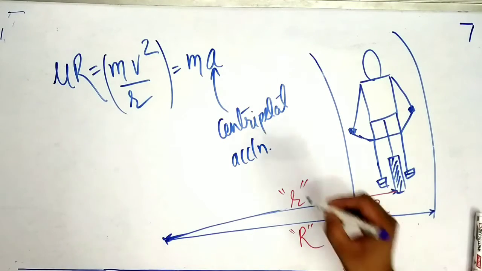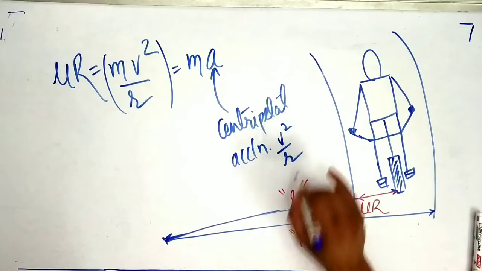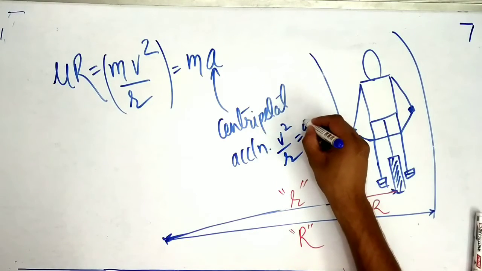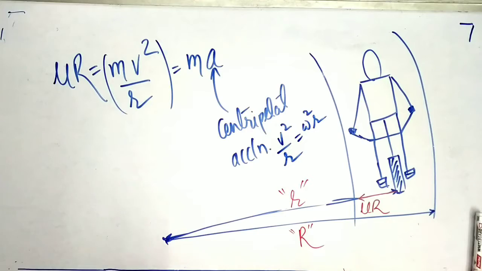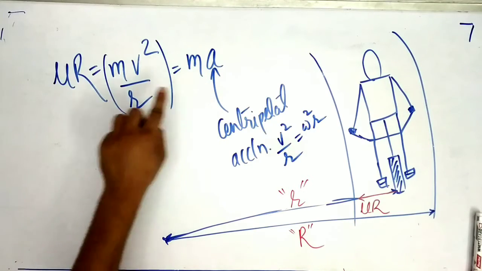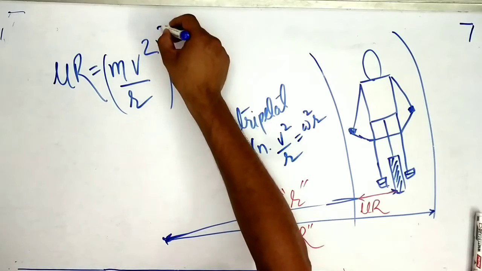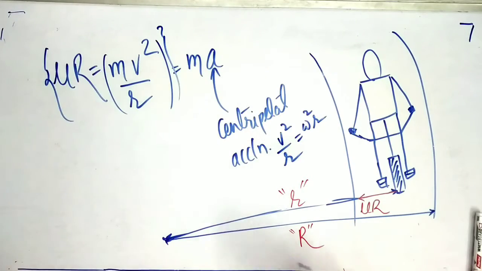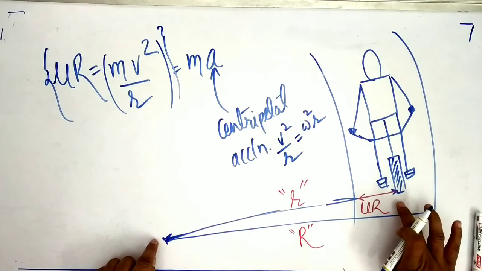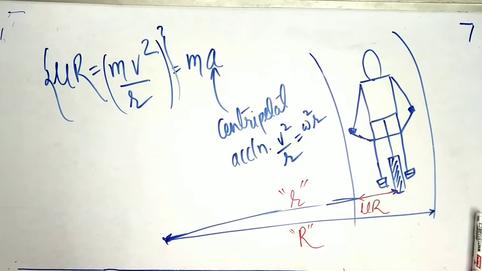The value of it is always equal to v square by r, or also equal to omega square r. So we have put the value A equal to v square by r in this equation, and we're going to use this to find the distance r from the center of the path for the rider to be safely moving with maximum velocity.